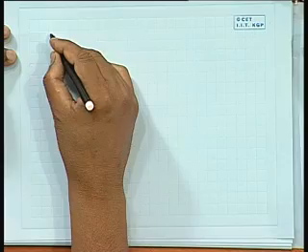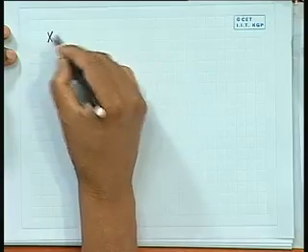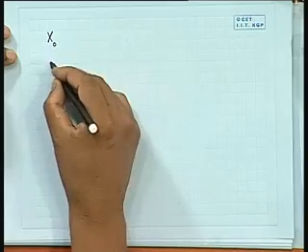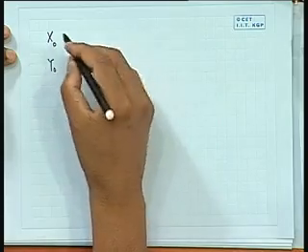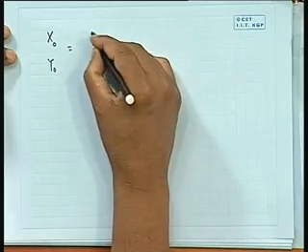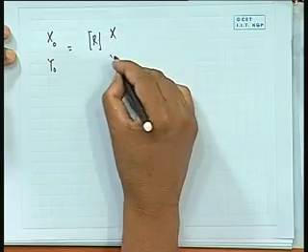So you have got here x0, y0, which turns out to be R of x, y.